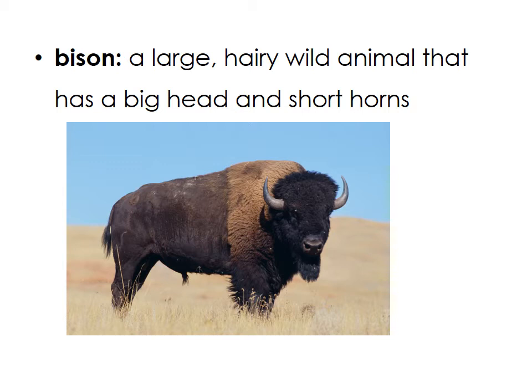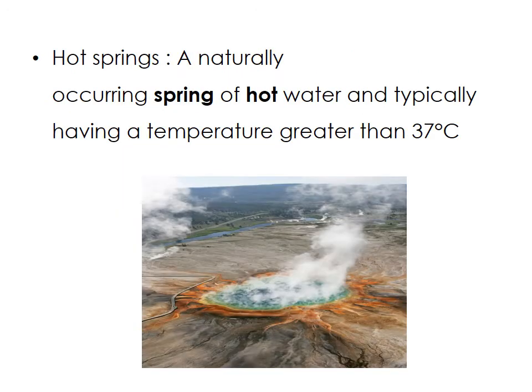A large, hairy, wild animal that has a big head and short horns. Our third word for today is hot springs. What is a hot spring? A naturally occurring spring of hot water heated by geothermal processes in the subsurface and typically having a temperature greater than 37, which is very hot, right?